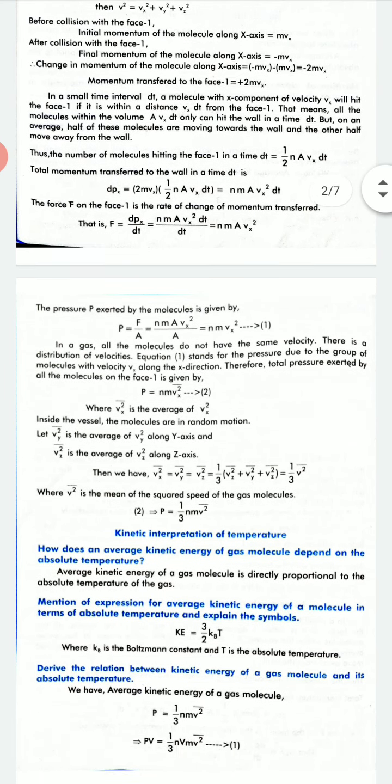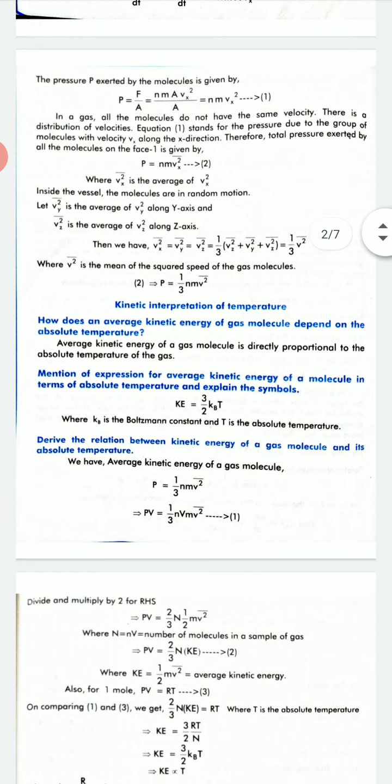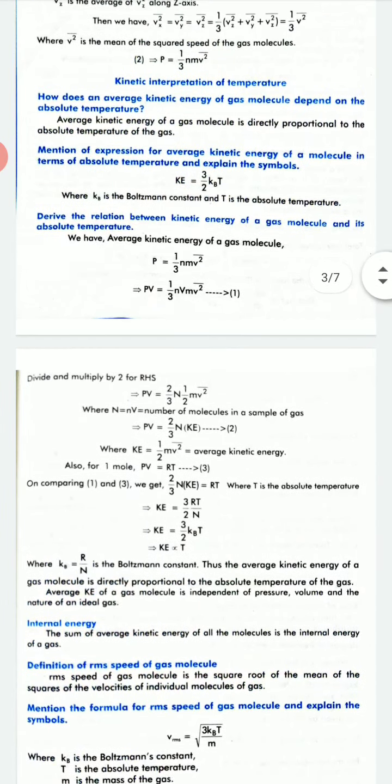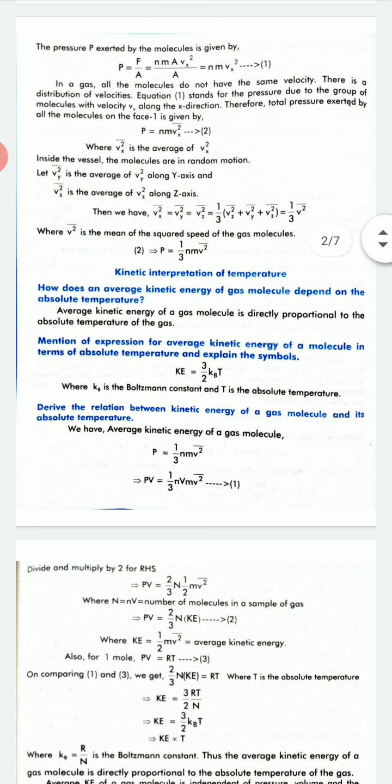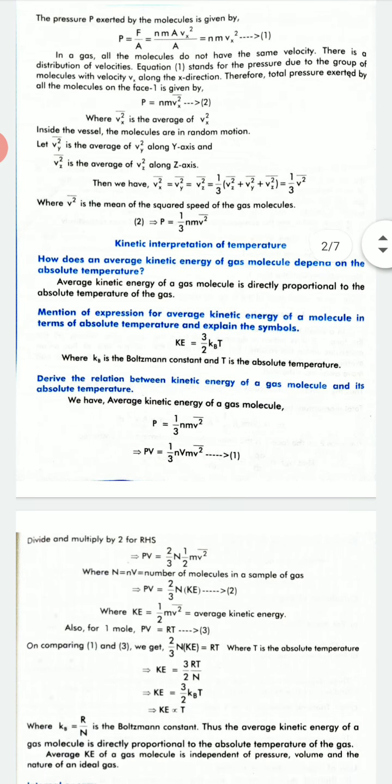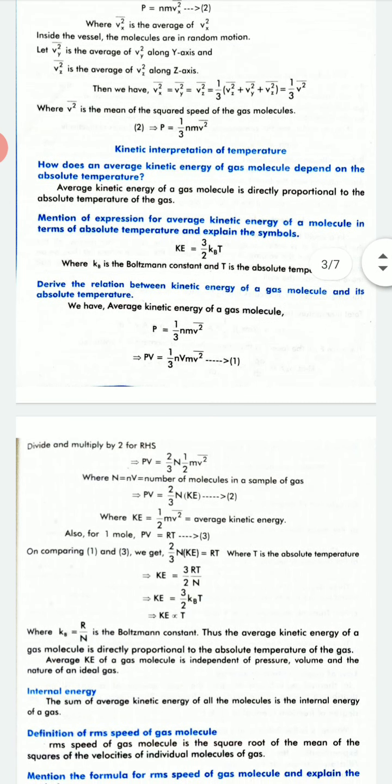Now we'll derive the relation between the kinetic energy of a gas molecule and its absolute temperature, the average kinetic energy of a gas molecule.